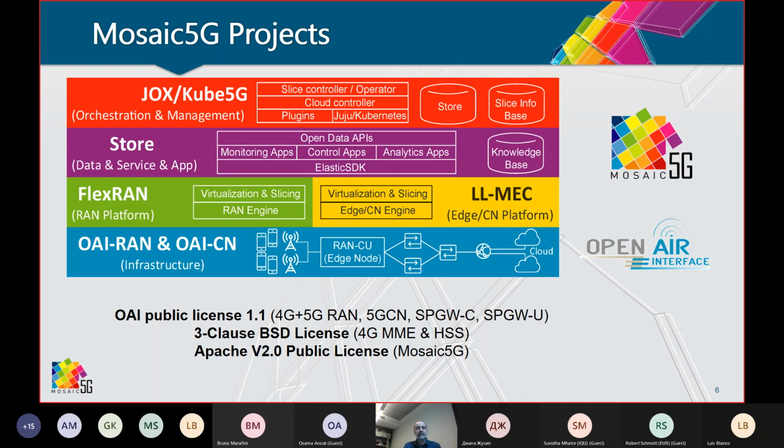And then finally, the orchestration platform. There are two flavors. One is JOX, whose development we stopped, which is Ubuntu-based. We are using the Ubuntu tool Juju, so it's a Juju-based orchestrator. It only supports 4G today. And there is a new one, Kube5G, which operates on the top of Kubernetes and the OpenShift operator framework. Here you have different blueprints.